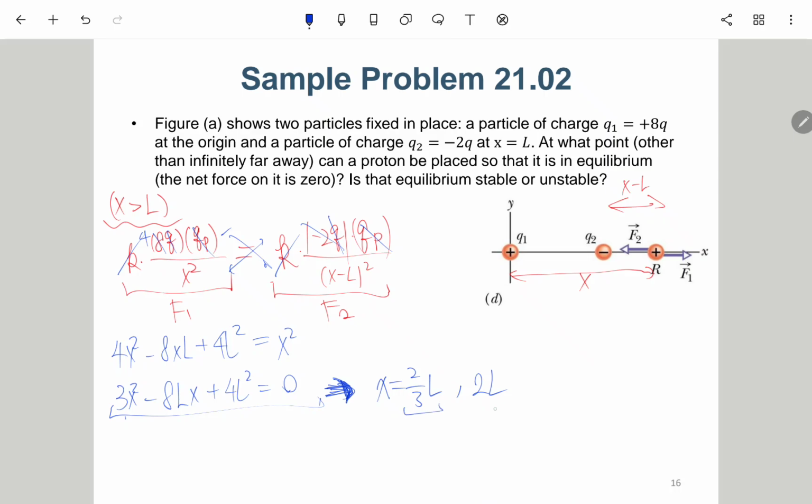This is the first one, and this is the second one. But at the very beginning, we assumed that x should be larger than L. This one is not, so we discard it. The remaining one is only x equals 2L, so this is the only possible solution.